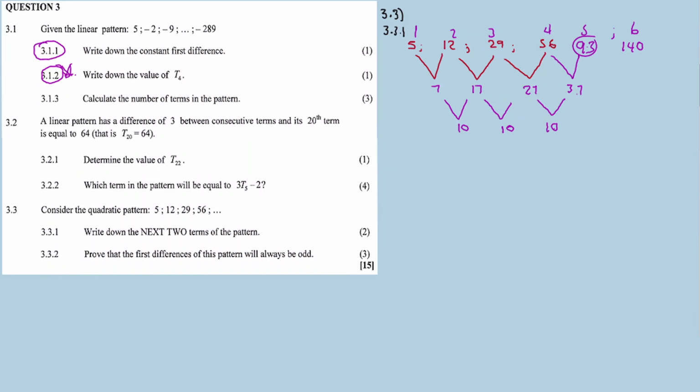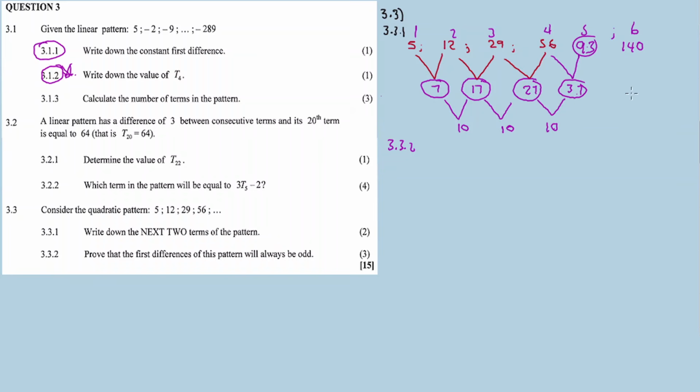Now 3.2.2, 3.3.2: prove that the first differences in this pattern will always be odd. That's the question. 7, 17, 27, 37.